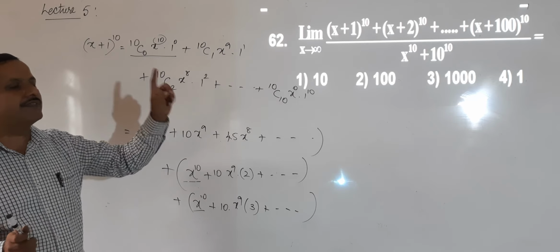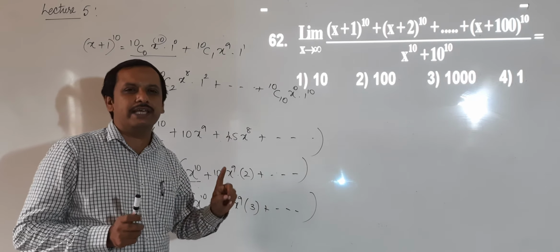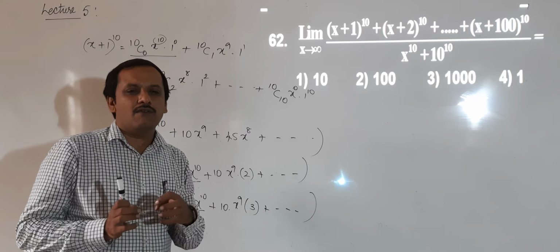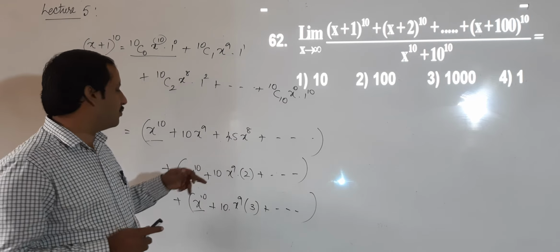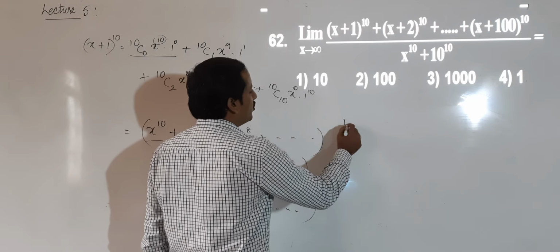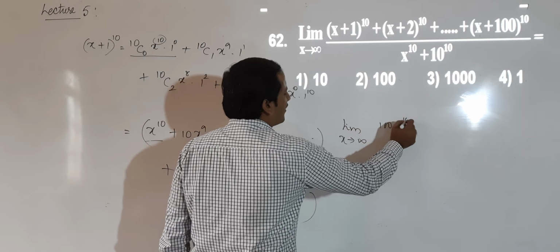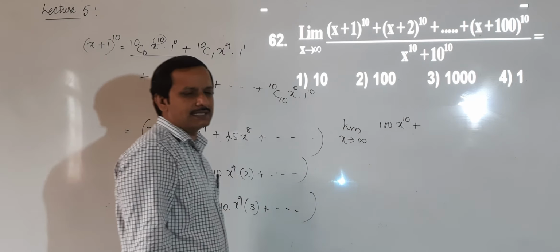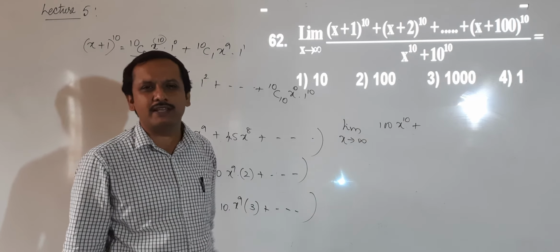In each of these 100 expansions, all of which are polynomials of degree 10, the coefficient of x power 10 is 1. So when I add all these, the numerator will be 100 into x power 10 plus, I am only interested in the highest power of x, I am not bothered about the other terms.